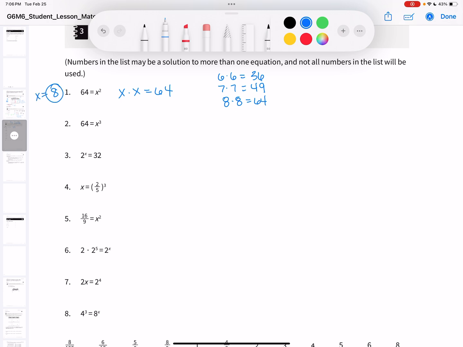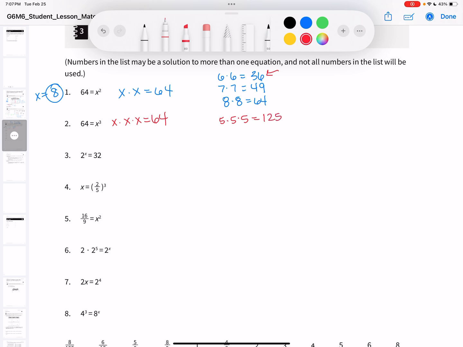Okay. Now let's go here. 2 says 64 equals x to the third. So that's x times x times x to equal 64. Now we know that 6 times 6 is 36. If we did another 6, that would be way too much. It would not get us 64. All right, so let's try maybe 5 times 5 times 5. 5 times 5 is 25. 25 times 5 is 125.